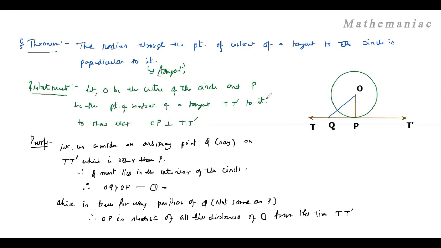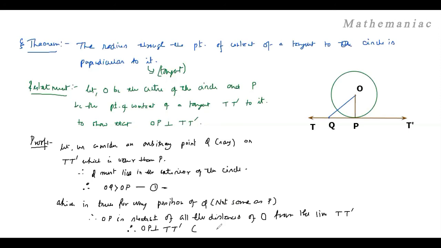So what did we observe? OP is the shortest of all possible distances of the point O from the given line TT dash. And in class 9 we already learned that the shortest distance is the perpendicular distance. So from here we can easily conclude that OP must be perpendicular to TT dash.